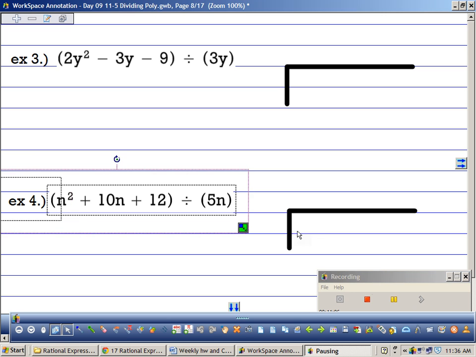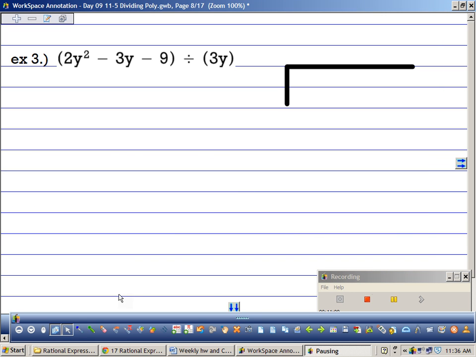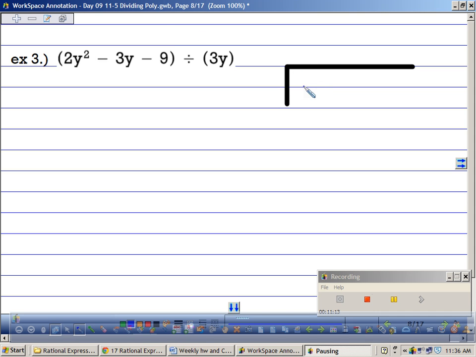I'm going to erase one of these because, no, you're going to get mad right now. Okay, so 2y squared minus 3y minus 9. Does 3y times what makes 2y squared? Well, there actually is something.